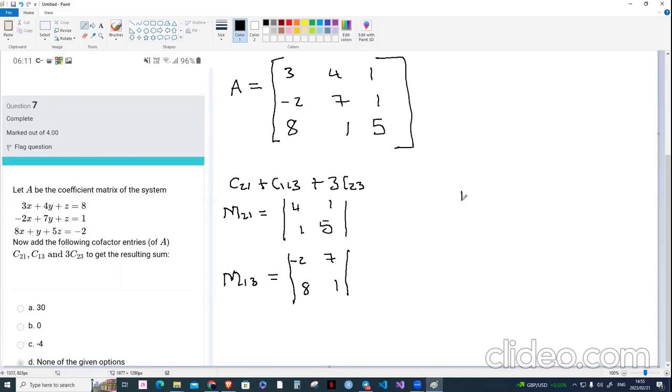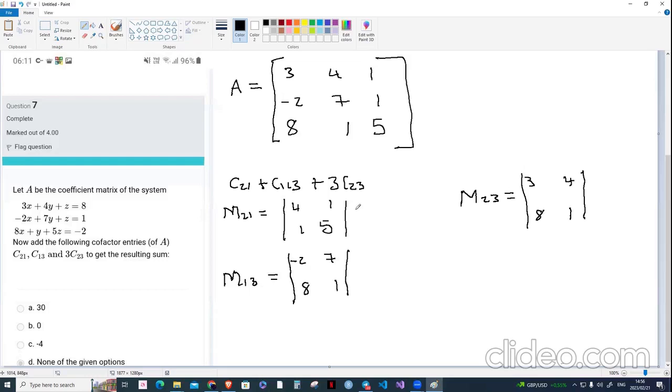Then M23 is going to be, I'm canceling row 2 and column 3. We have 3, 4, 8, 1.